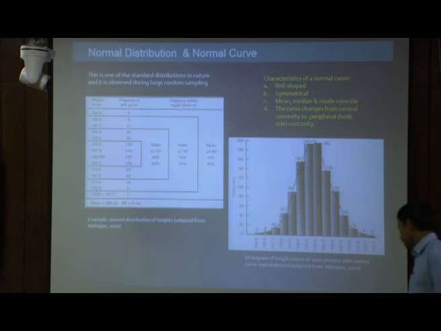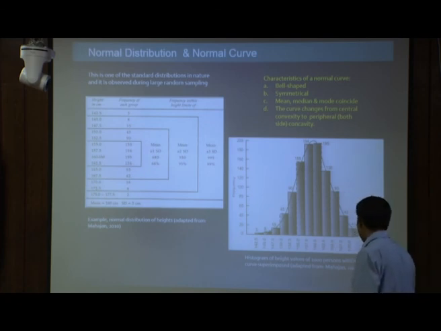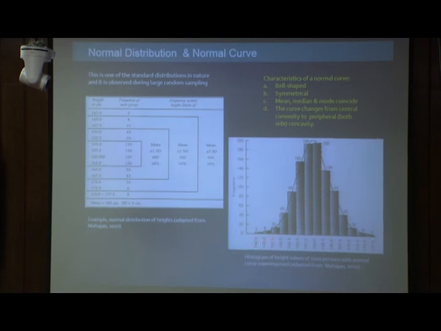So for that purpose, if we look at this graph, on the x-axis this is the height value, and this is a small interval: 142.5 centimeter, 145 centimeter, then 147.5 centimeter. Within each interval, how many students are there?